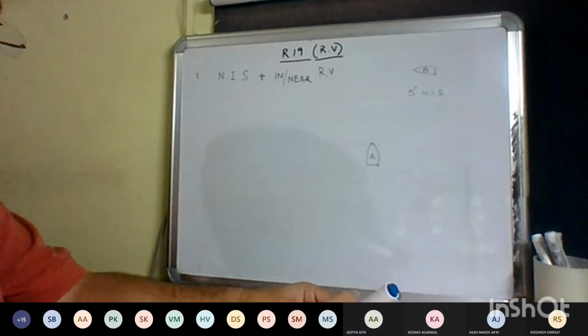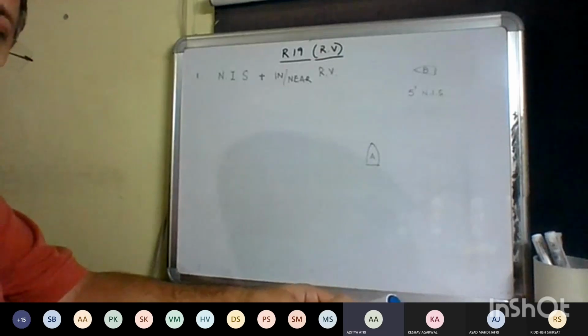Sir, this is of vessel A with respect to vessel B, right? Correct. No, sir, 19 will not apply. Why will it not apply? Sir, there is no restricted visibility there. At 5 miles, you are not able to see a vessel.